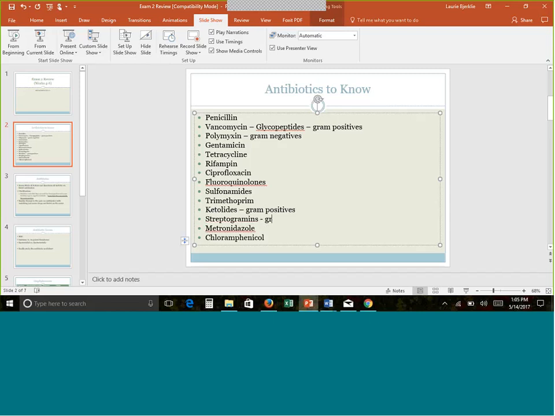Same with the streptogramins: gram-positive. If it helps you, the word strep indicates it's probably targeting gram-positive. Strep is a gram-positive. And metronidazole targets more gram-negatives. So the rest are more broad spectrum, but those are the ones that are a little more specific, so make sure that you note those to help you do better on that section.